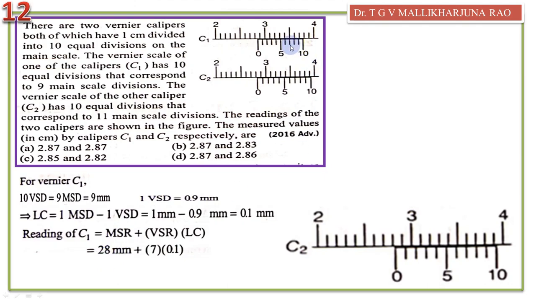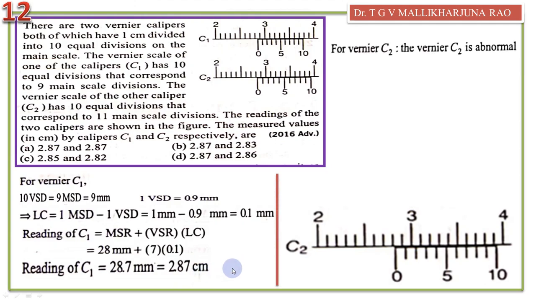At the same time, this division in the vernier scale coincides, that means forms a straight line, with a division in the main scale. This was the 7th division. That's why the VSR is 7. From this we can write that the C1 reading is 28.7 mm or 2.87 centimeter.